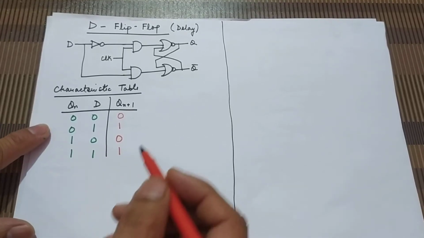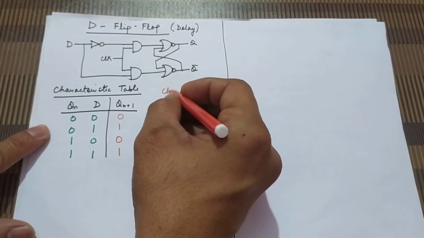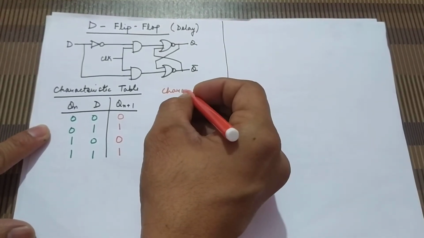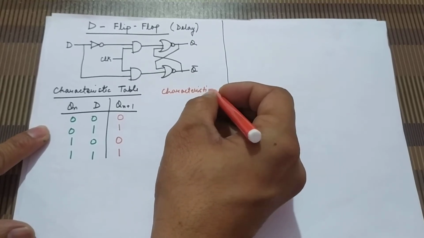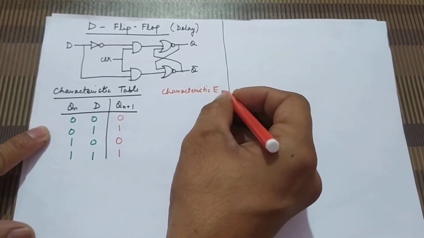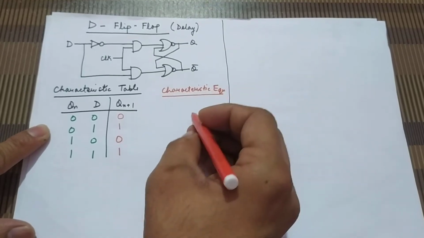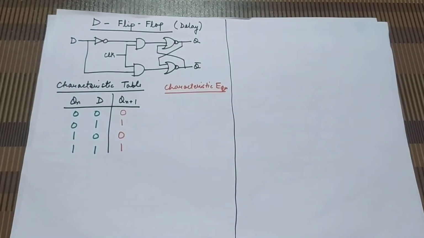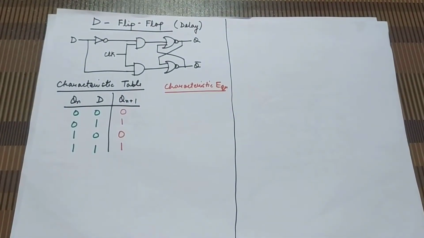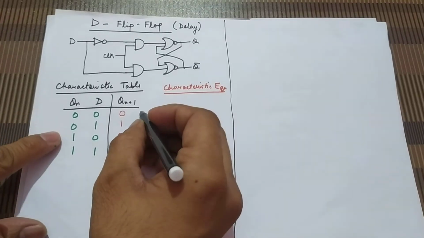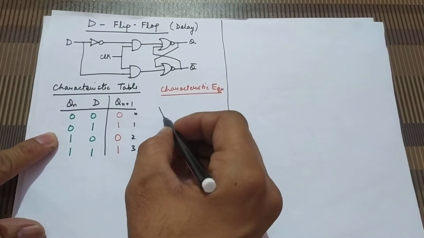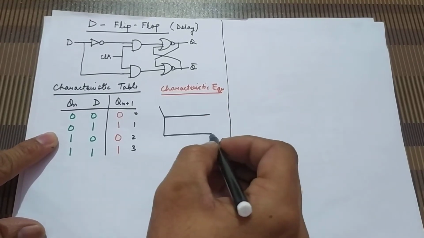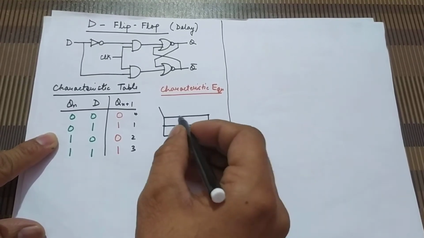Okay. Now as far as the characteristic equation is concerned, in characteristic equation we used to give numbers 0 1 2 3, and with the help of K-map we used to solve this particular equation.